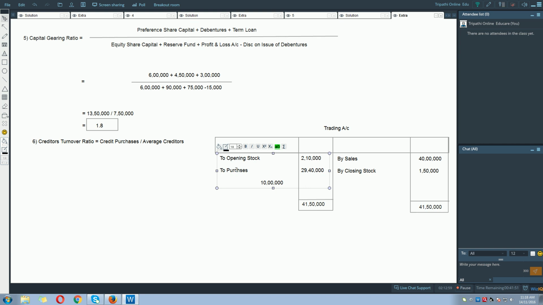To opening stock 2,10,000 and to gross profit at the rate of 25%. So 40 lakhs into 25% of sales, so you will get 10 lakhs.